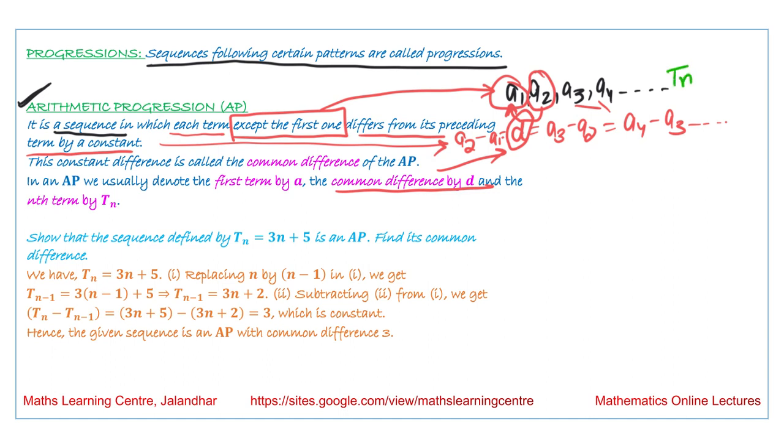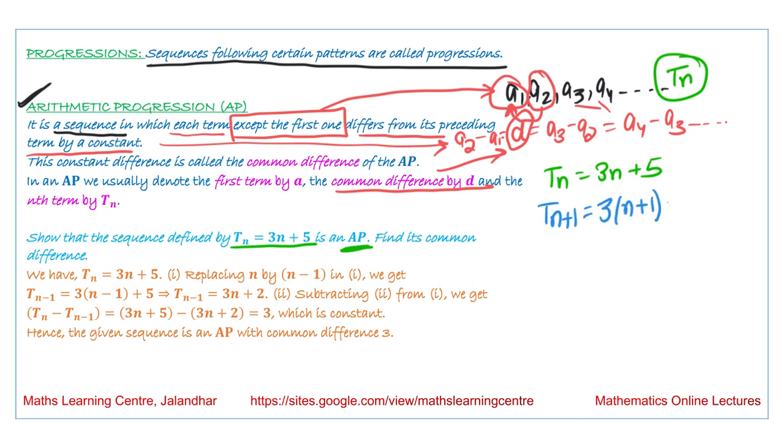The general term of this kind of sequence we write over here in the form Tn. The first question we have is: show that the sequence defined by Tn is equal to 3n plus 5 is an AP. If we write two consecutive terms, one is Tn, next Tn plus 1, which is 3 into n plus 1 plus 5, that is equal to 3n plus 8.